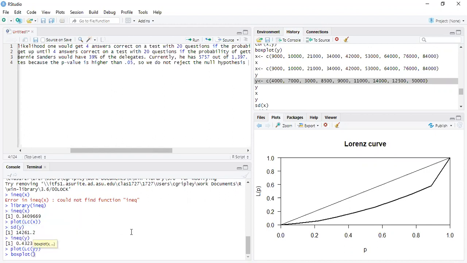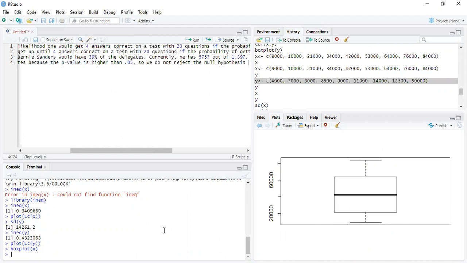Remember what the box plot does. So first we go for X. Wow, that's pretty good as far as a standard. So you've got 1, 2, 3, 4 parts. And then you can basically see, is there an outlier? Now, box plots are very important.